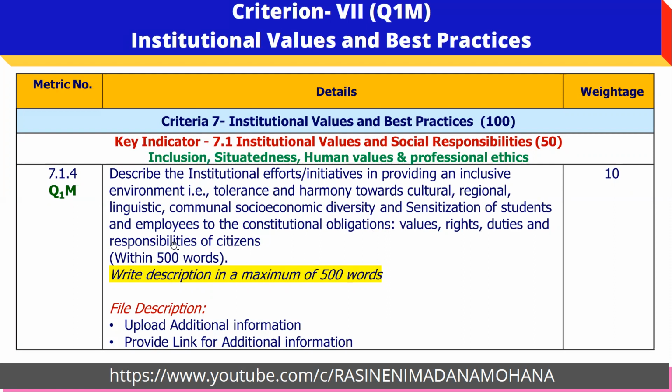Related to all these factors, you can provide the write-up with a maximum of 500 words. Then the supporting documents can be uploaded under upload additional information. Then any additional information relevant to this metric can be uploaded on your institutional website. That link can be provided. This is the qualitative metric.